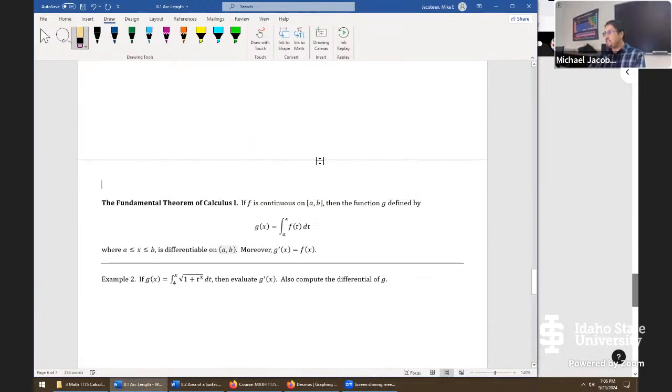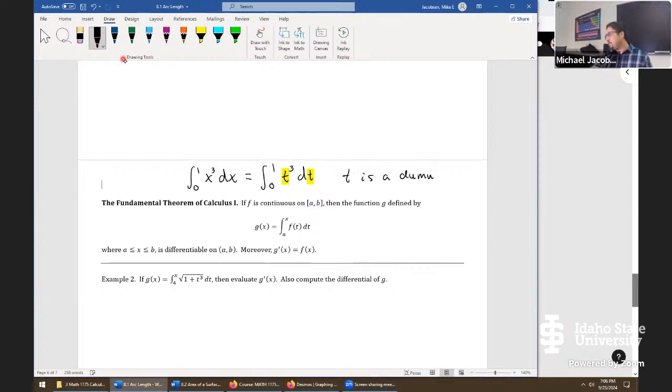That's completely legitimate since you can always say that the integral, say 0 to 1 of x cubed dx is the same as the integral from 0 to 1 of t cubed dt, and so on. The actual variable doesn't matter. Sometimes t is called a dummy variable, kind of a mean name when you think about it.